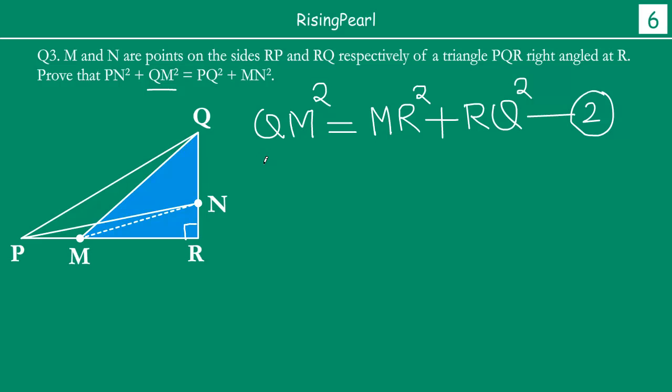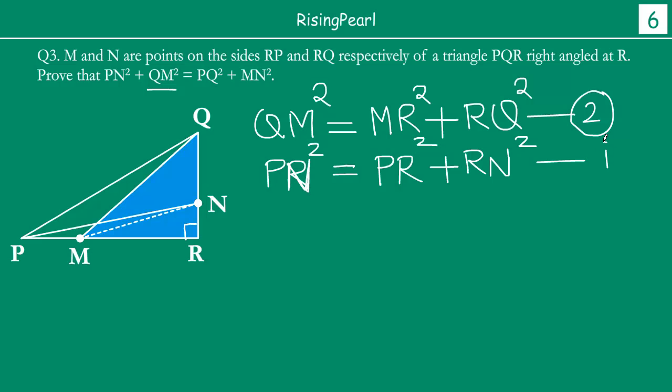So let's just write equation 1 here for our easy reference. PN square, the hypotenuse is PN. PN square is equal to PR square plus RN square. We just rewrote our equation 1.